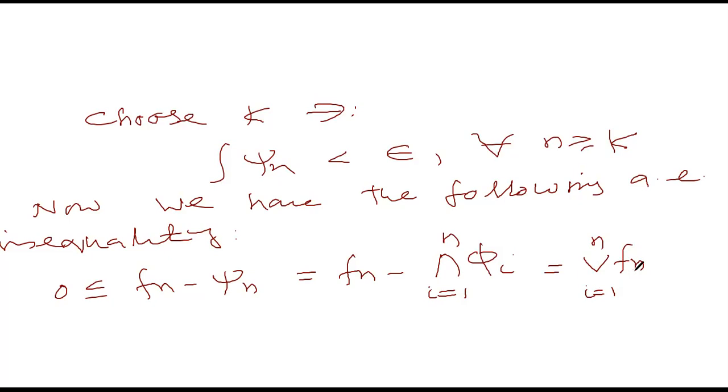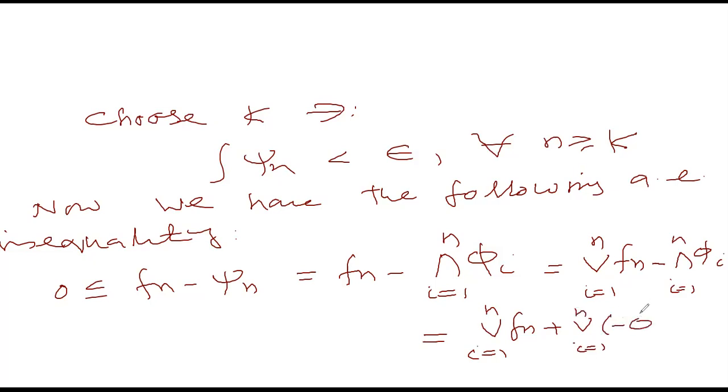It is fn meet n times, which is equal to fn minus the join over i from 1 to n of φi, and this is equal to the join over i from 1 to n of fn, plus the meet over i from 1 to n of minus φi, because the join of minus is equal to minus meet.